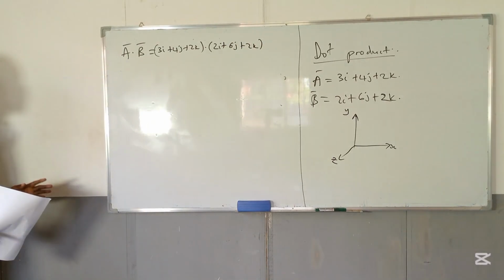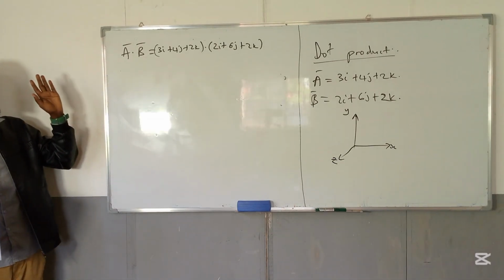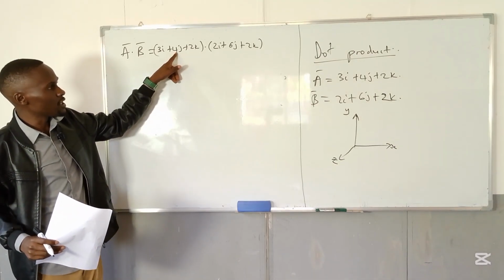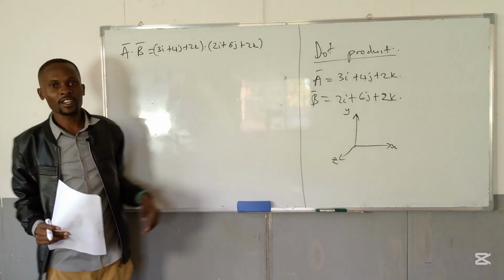When you are dotting, you dot the value in i with the value in i, and then you dot the value in j with the value in j. You also dot the value in k with the value in k.